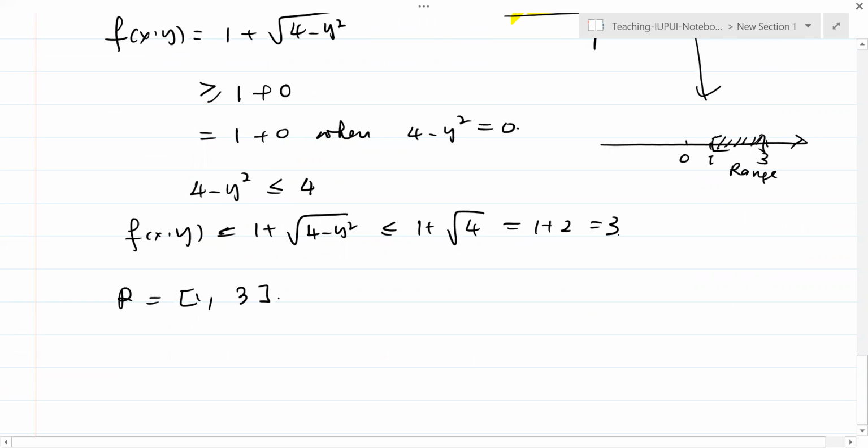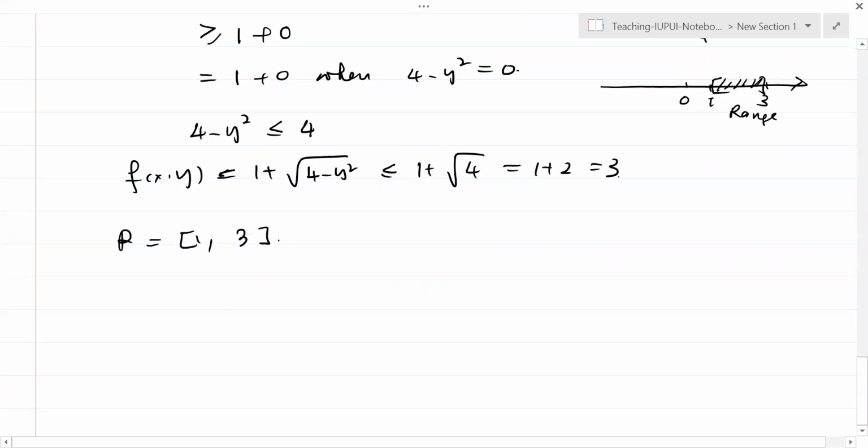Now we should talk about the functions which cannot be defined by a mathematical expression. Sometimes a function can only be defined using a table of data.